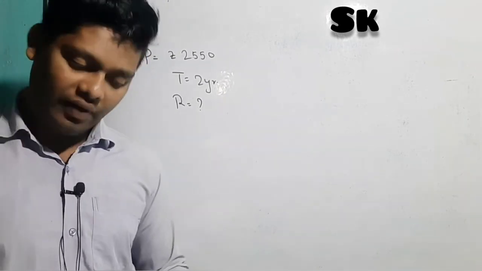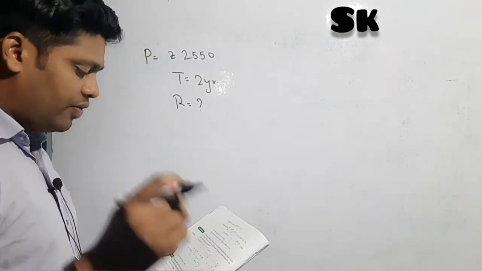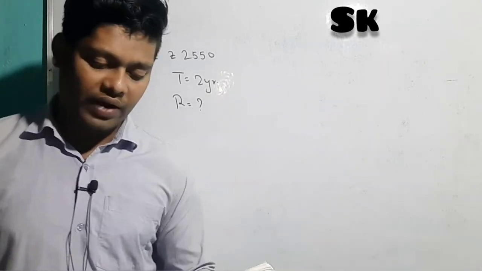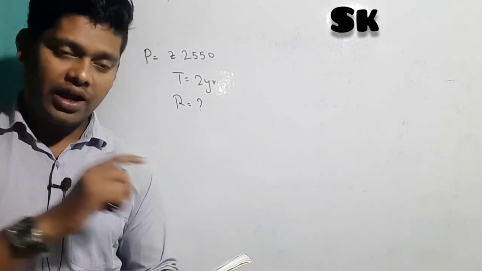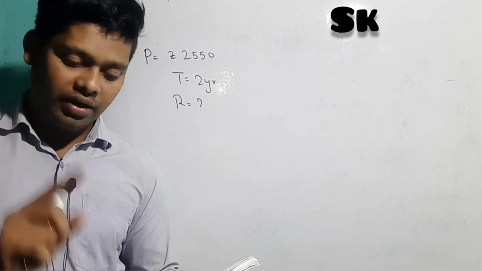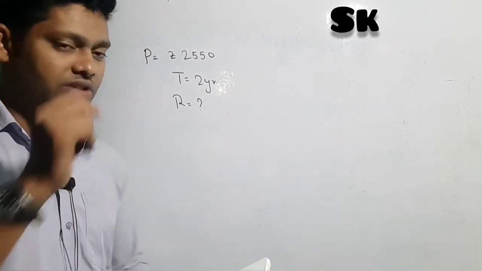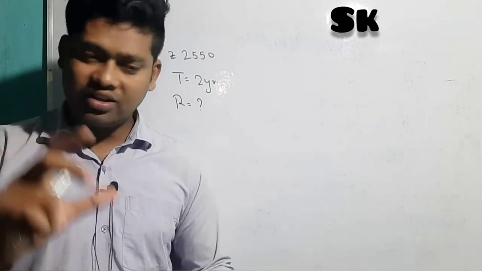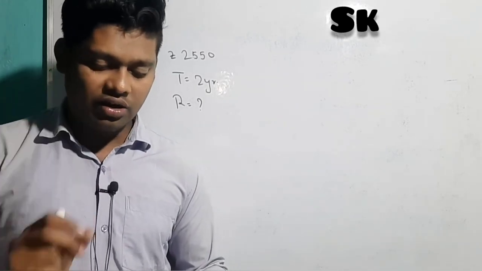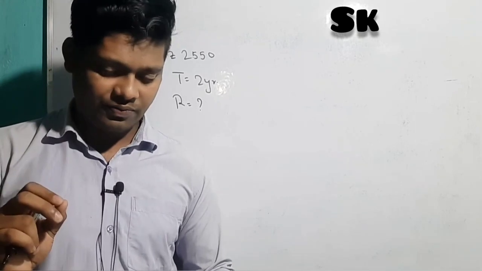I will read the question completely. If a person lent 2550 for 2 years at a certain rate of interest, obviously when you give the principal at some rate for some period, you will get interest. The interest earned is rupees 50 less of what?